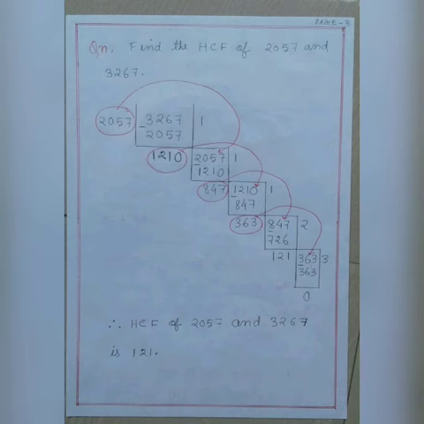Now let us take two bigger numbers. Find the HCF of 2057 and 3267. 2057 is smaller and 3267 is the greater number. So in the divisor's place, I shall put 2057 and in the dividend's place, I shall put 3267.